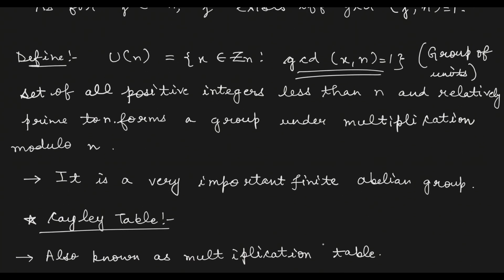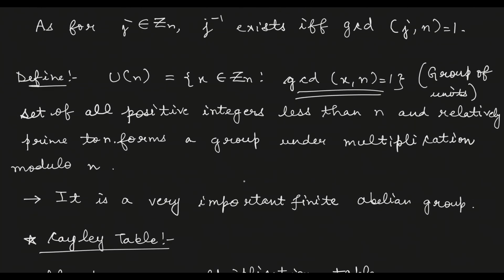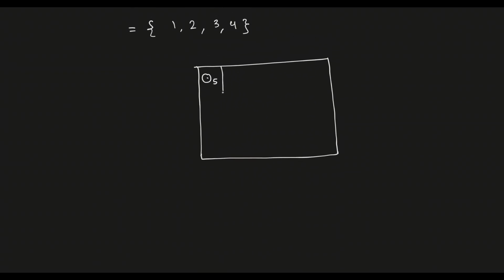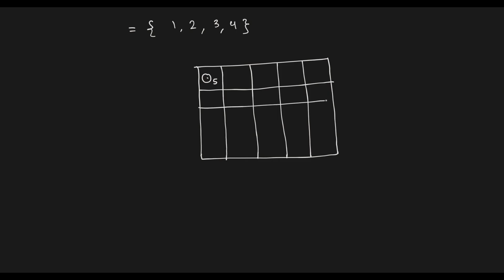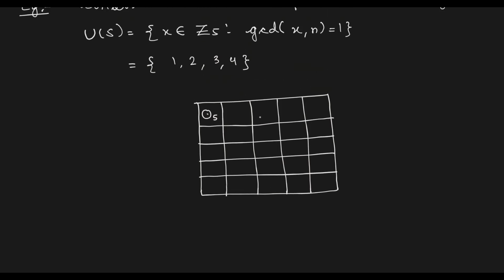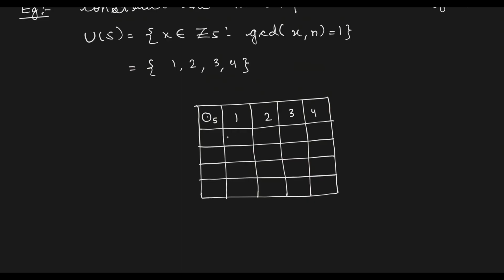And here the operation will be multiplication modulo 5. In all the rows and columns I am going to write the elements of this U5: 1, 2, 3, 4, and 1, 2, 3, 4.